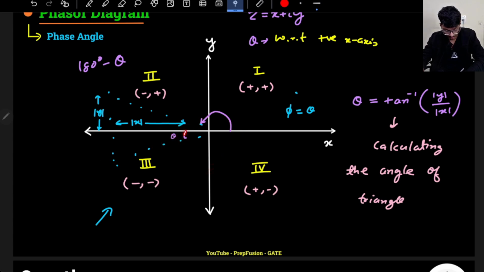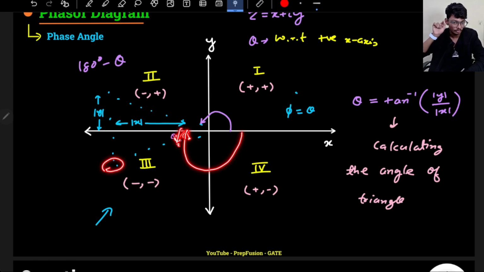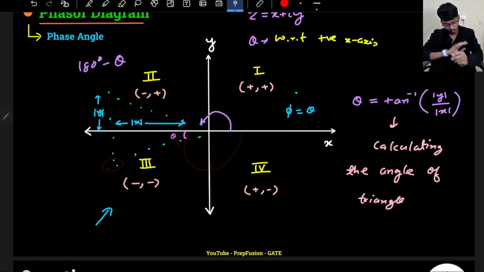Now I have to reach this point, so I will do minus 180 plus theta. So either you do plus 180 plus theta or minus 180 plus theta. Both are the same. I will prove it to you as well.